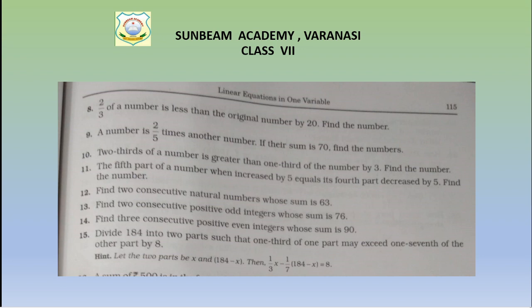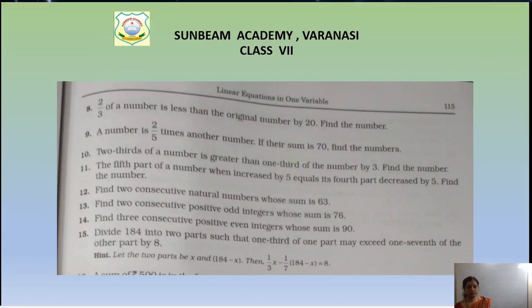Children, question number 11: the fifth part of a number when increased by 5 is equal to its fourth part decreased by 5. Find the number. Okay, so let's solve this question.